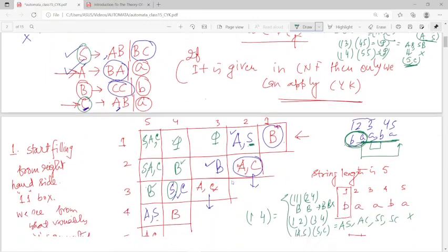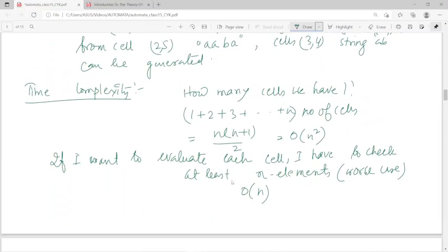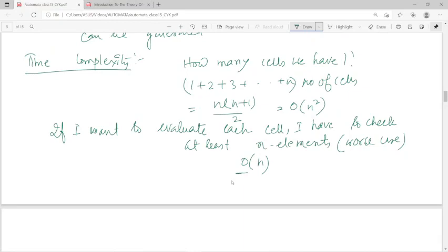This is the worst complexity, right? So putting up this value will take order of n, and there are order of n square cells to fill up. So the time complexity, approximately, I am just calculating it, is order of n square times order of n, that is order of n cube.